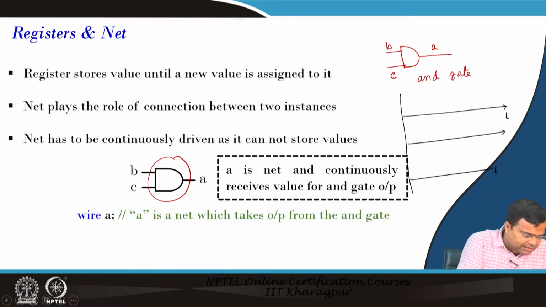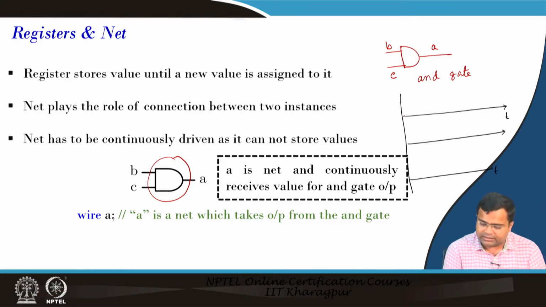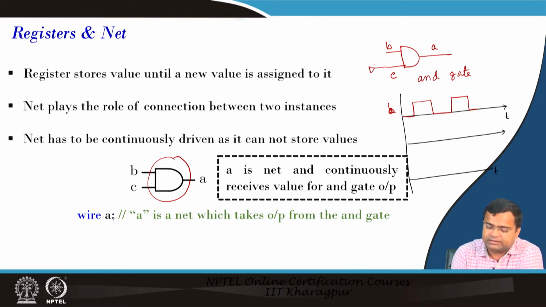Suppose your A data is coming, it is changing like this. Now, this is your B, but you put an identical data to C. B and C are identical, but there is some buffer circuit, that means there are some traces coming. Suppose you are putting like this. So, this is the same signal.